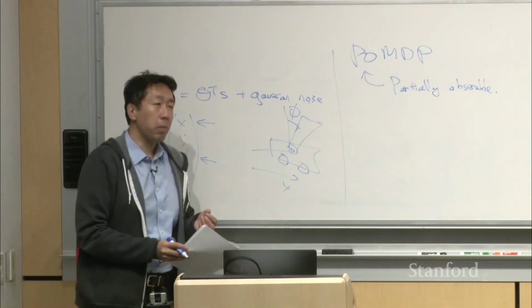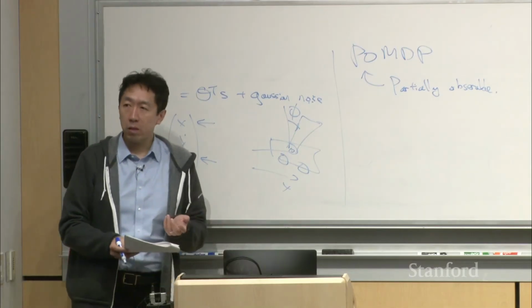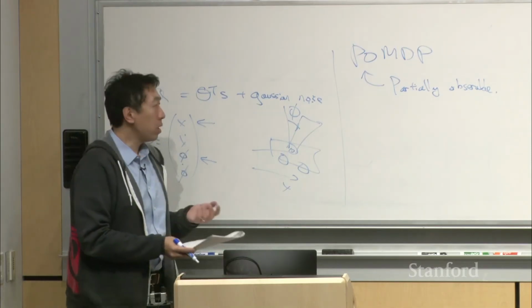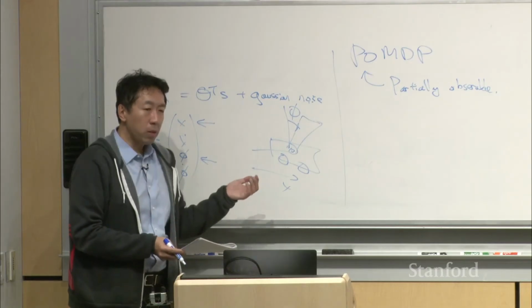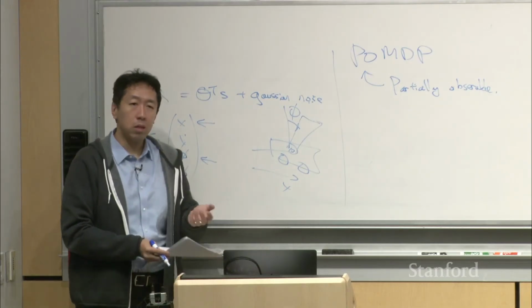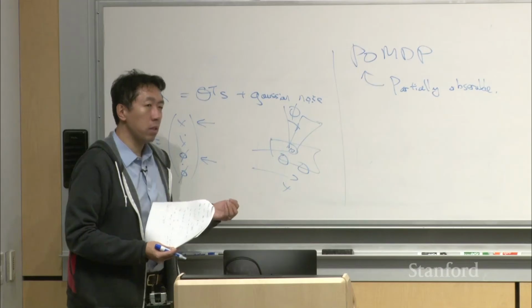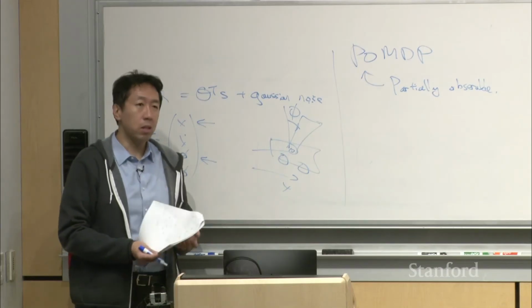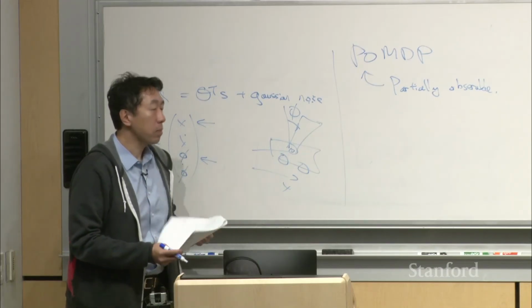So this is an example of a partially observable Markov decision process. What this means is that on every step, you do not get to see the whole state because you don't have enough sensors to tell you exactly what is the state of the entire system. Okay?